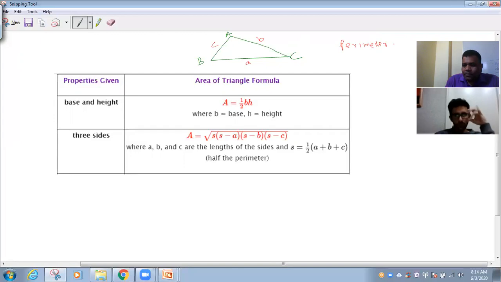Perimeter, P, is a plus b plus c. Perimeter means the distance traveled if you run around the boundary. What is the semi-perimeter? Semi means half the perimeter. Semi-perimeter is P by 2, or we can say another notation S, which is (a plus b plus c) by 2.